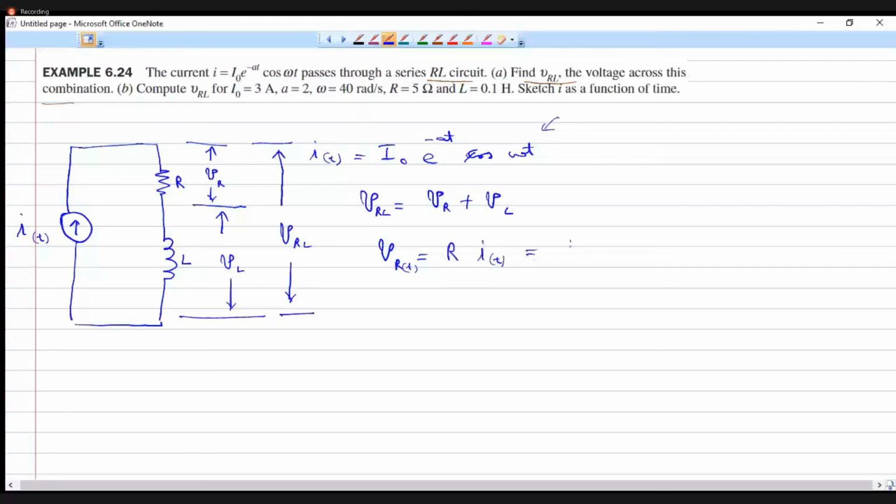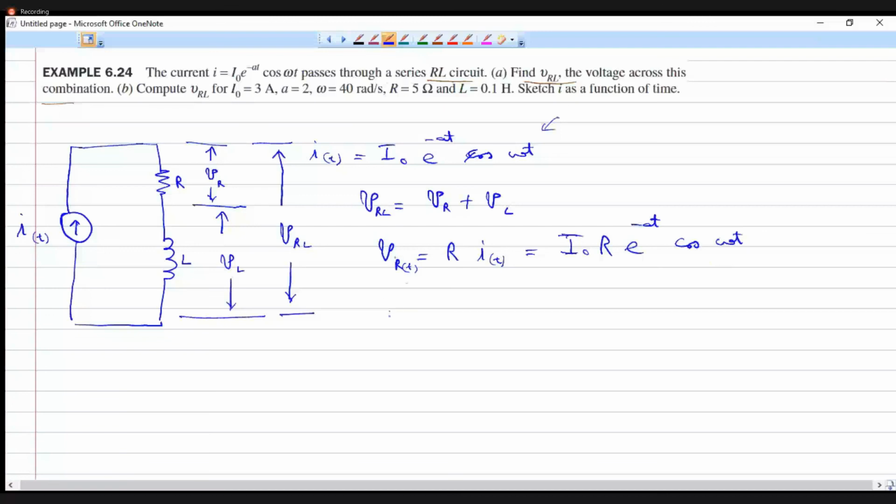So that will be equal to I naught R e power minus at cos omega t, right? So the current is not undergoing any phase shift here. As you can see, it is simply multiplied with a constant, and there occurs no phase shift in the original current. So the voltage and current are in phase when it is passing through a resistor.